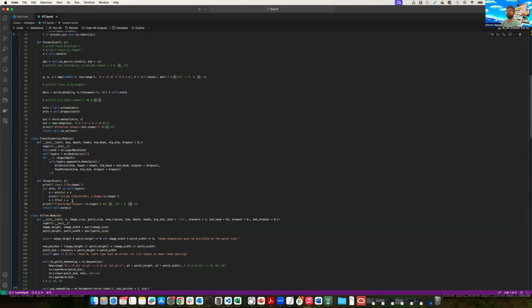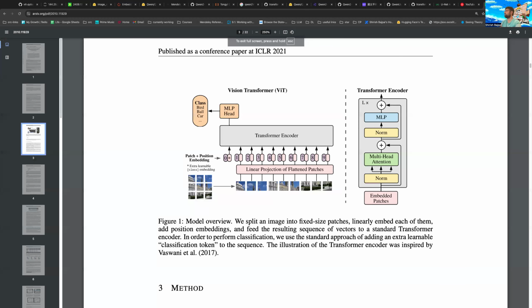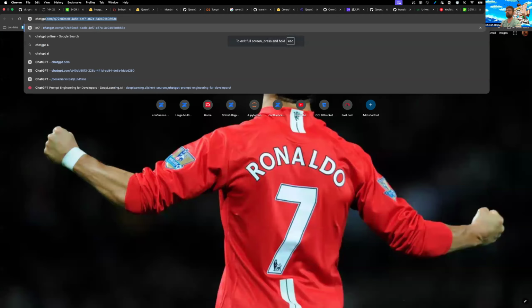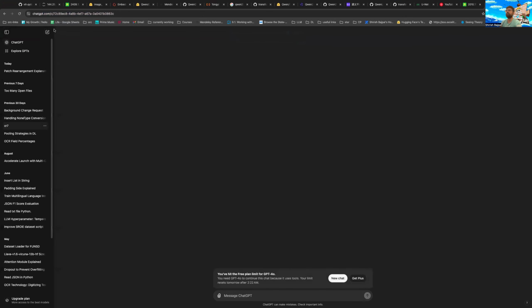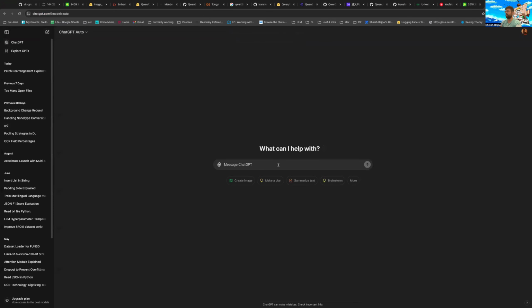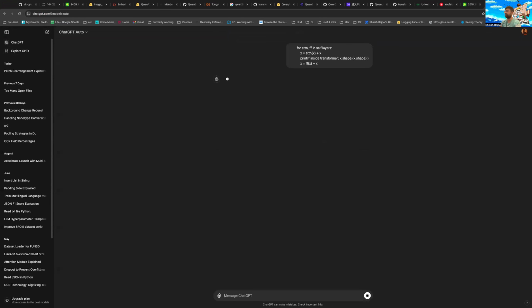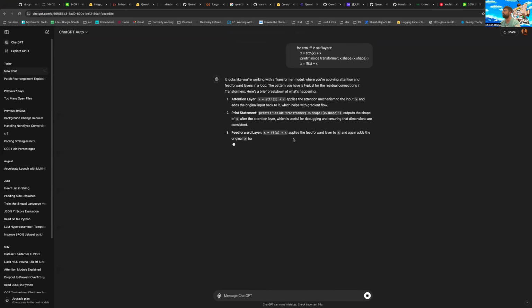Let's ask ChatGPT. Input X and adds the original input back to it.